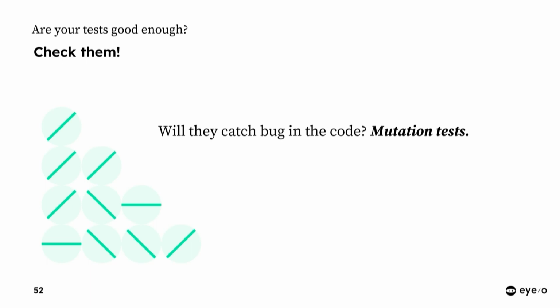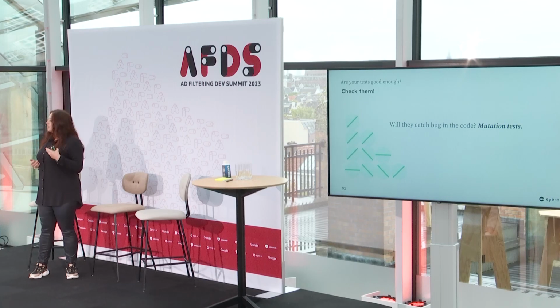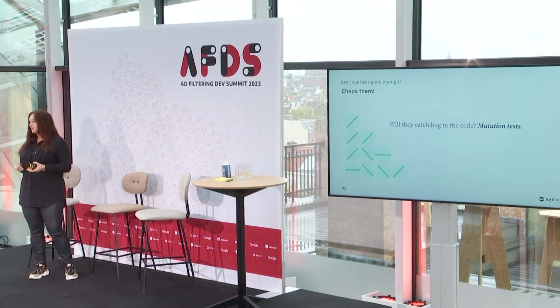So mutation tests are the tests that check if your unit test or functional test will catch the bug if someone just changes some values that are really critical for your code. They run random mutations in the code and then run the unit tests, checking if the unit tests are catching those kinds of bugs. So it's a kind of safety check for us.